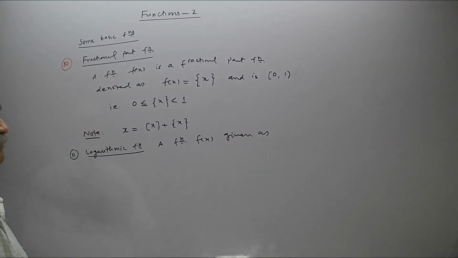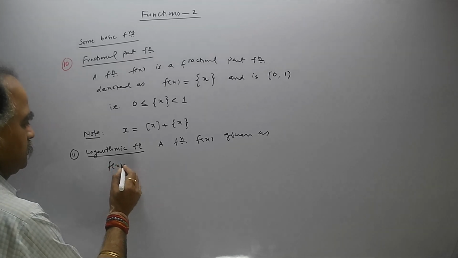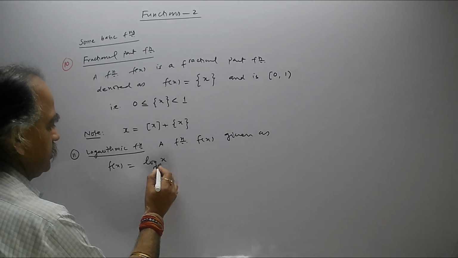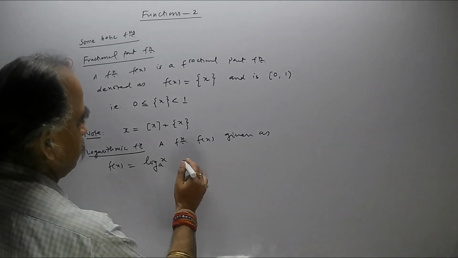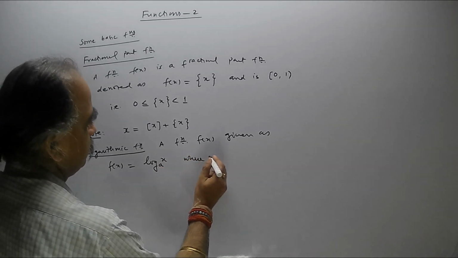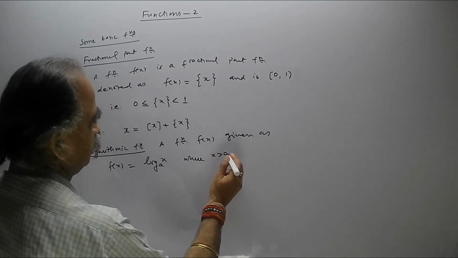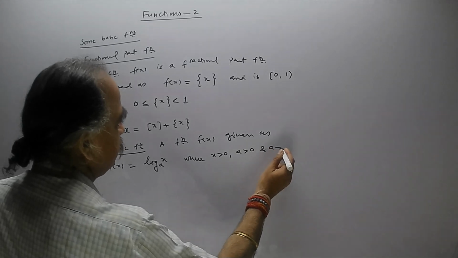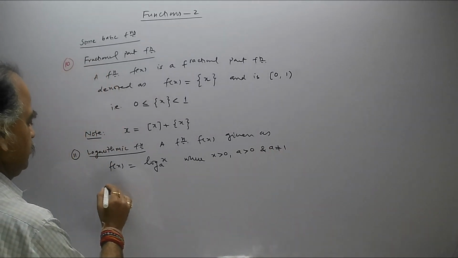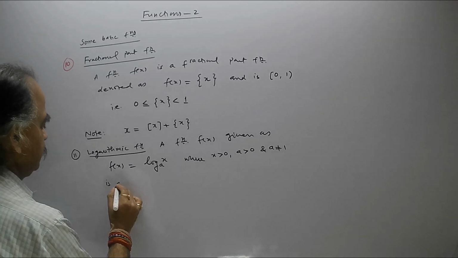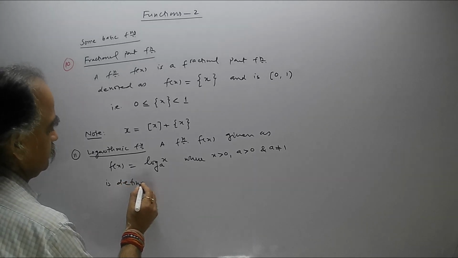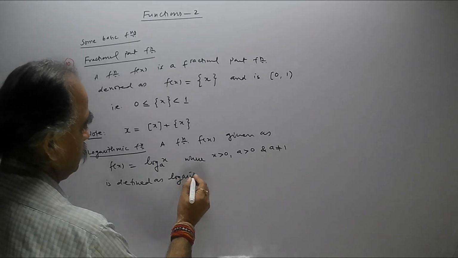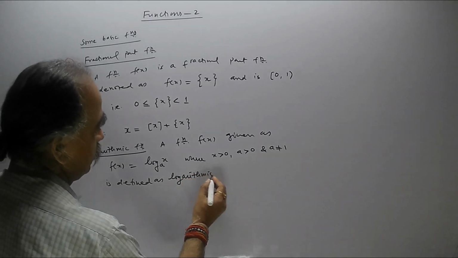A function f(x) given as f(x) is equal to log x to the base a, where x is positive, a is positive, and a should not be 1, is defined as logarithmic function.